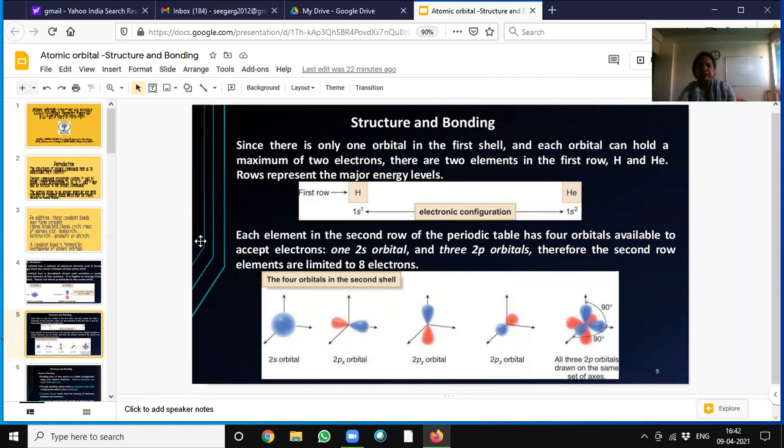Rows represent the major energy levels. See here. Each element in the second row of the periodic table has 4 orbitals available to accept electrons, one 2s orbital and 3 2p orbitals. Therefore, the second row elements are limited to 8 electrons.